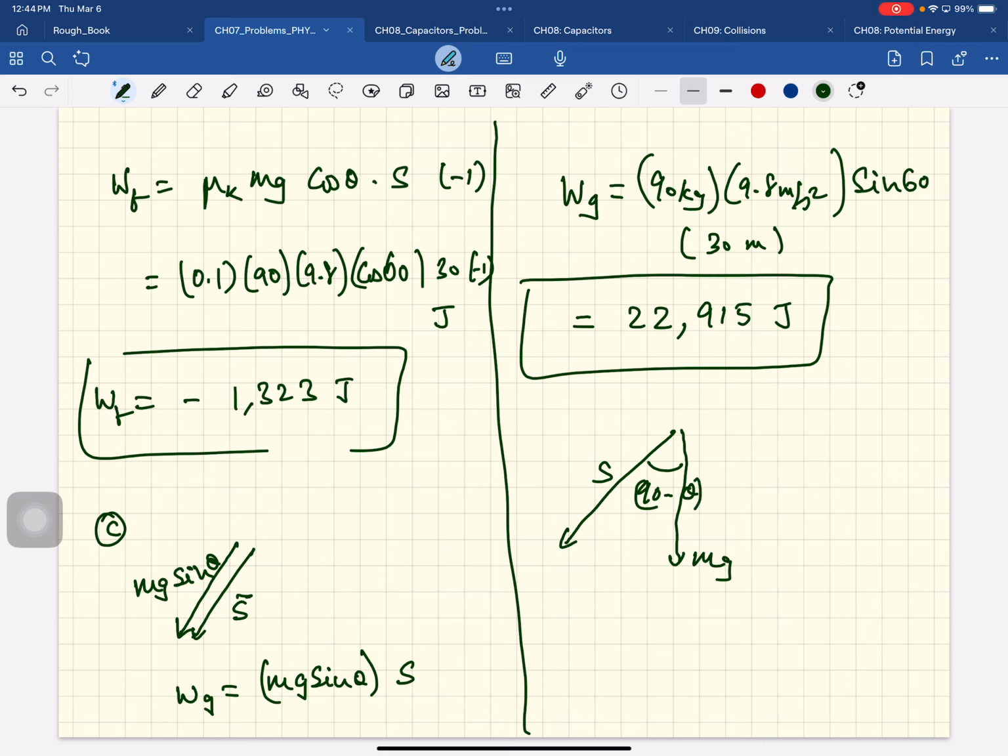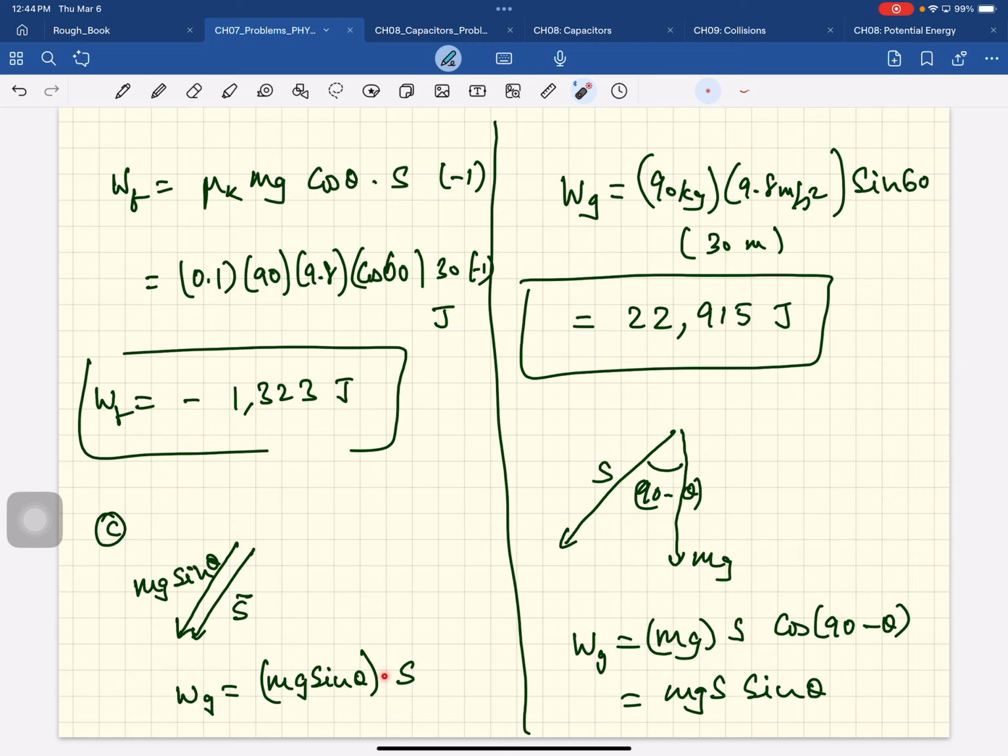So the work done by gravity could also have been calculated as mg times s times cosine of 90 minus theta, which is sine theta, mgs sine theta. And that would work out exactly the same as this.